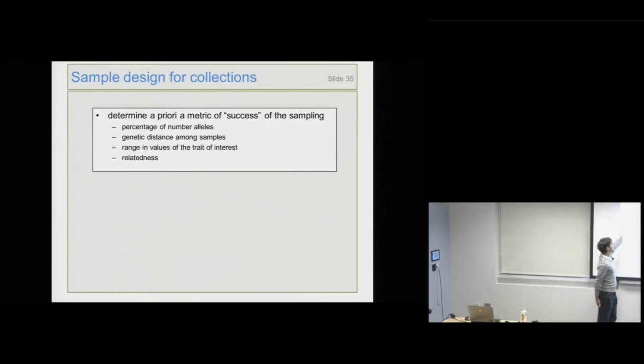It might be the proportion of the total number of alleles, some measure of genetic distance between those alleles, which might be disconnected from the actual trait of interest, how much of the range of trait values we capture, and how related our seed collection is.